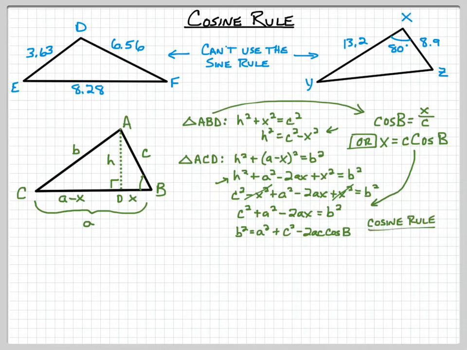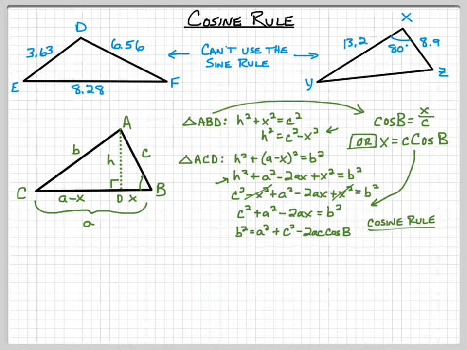What this does is put everything in terms of the given values, or potential given values, of our non-right triangle. We don't have the height in there anymore. We don't have that x value in there anymore. All we have are sides a, b, and c, and maybe an angle.